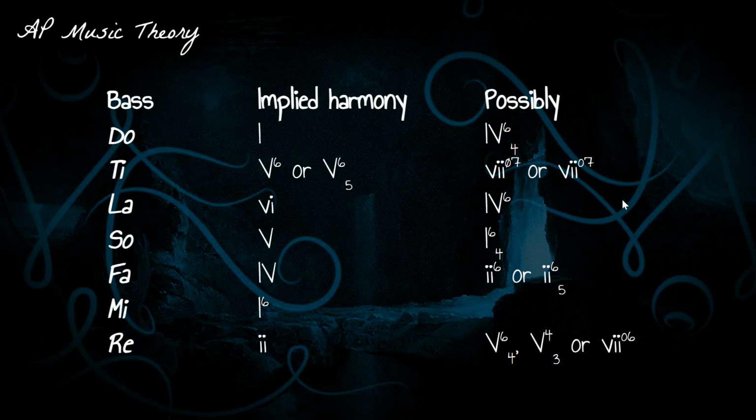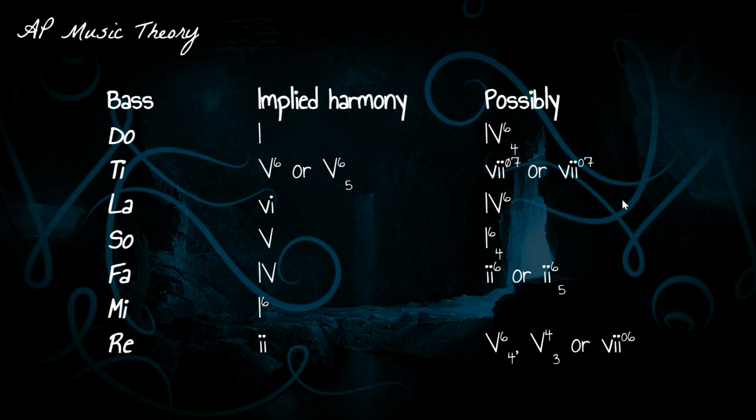It could also be a leading tone chord with a 7th. If it is la, then the implied harmony is a minor 6th chord, or also called a submediant. It could also be a subdominant in first inversion.